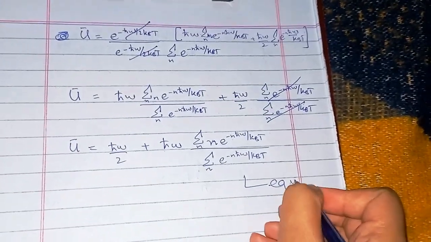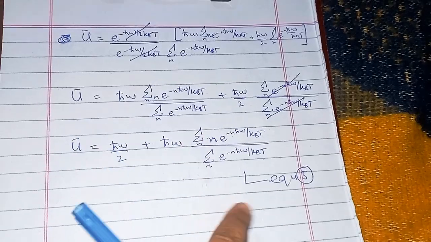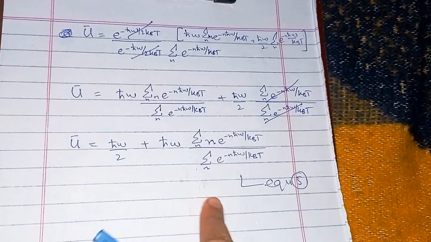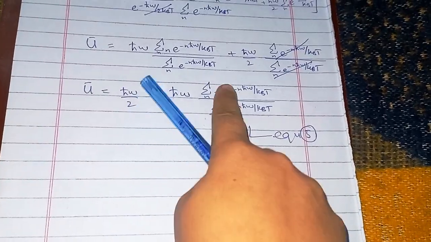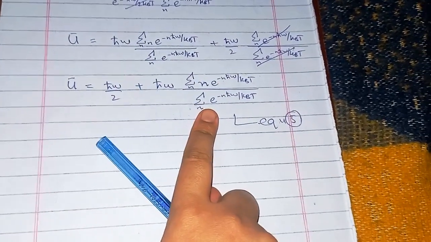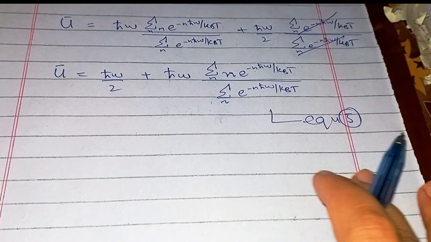Really simplified form. Now we need to calculate these two summations. We'll plug those values right back into this equation and we will get our form. Okay, so let's calculate these two summations now. We are almost done. This problem is almost done.